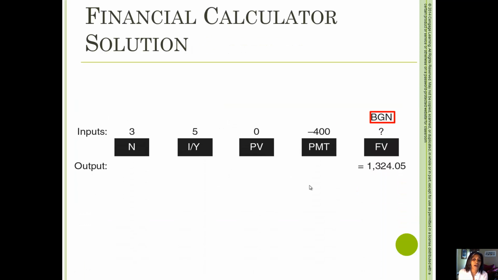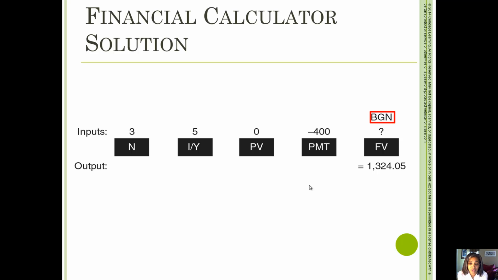In the calculator, what we have to do is change our payments to the beginning of the period. To do that in the TI, you're going to hit the number 2, and then you're going to hit payment, because right above that you'll see where it says begin, and then it'll show you in the window that the payments are set to the end of the period.